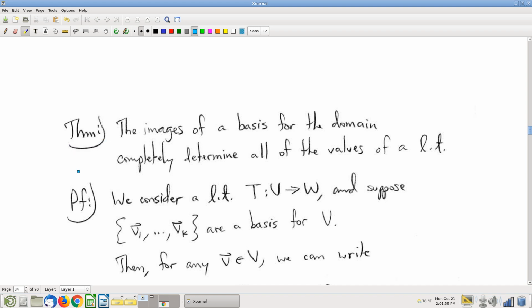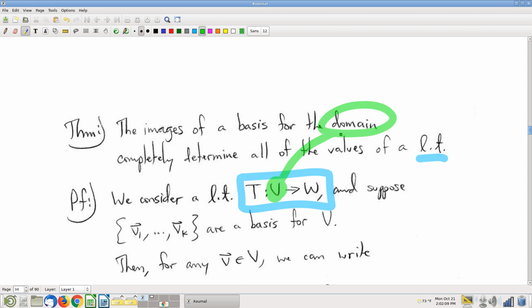And keep in mind, if you're looking at a linear transformation, linear transformations have a domain that is a vector space. And the first thing that this theorem says is, suppose you have a basis for that domain. Collection of vectors, definition of a basis, it's got to be independent, it's got to span the whole domain.